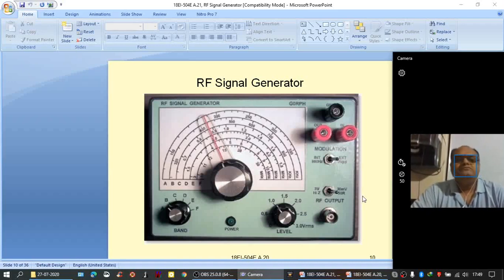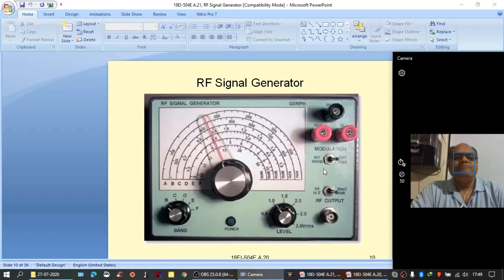But what I'm trying to insist upon here is that the radio frequency signal is the carrier signal for the audio frequency transmission, or audio signal transmission.